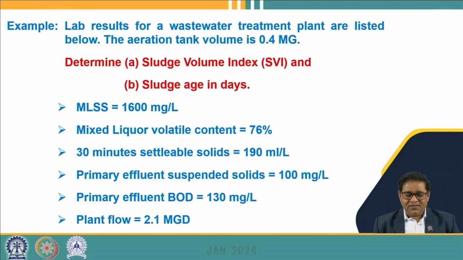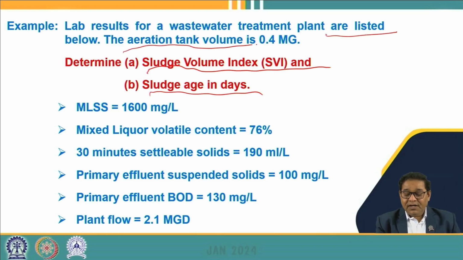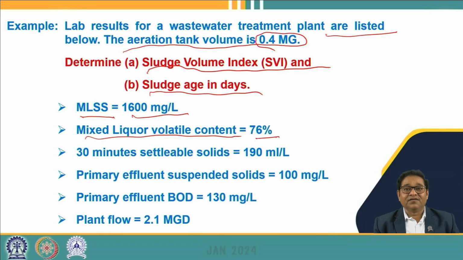In the next example, we will learn how to find the sludge volume index and the sludge age. Here in the problem, the lab results for a wastewater treatment plant are given below. The volume of the aeration tank is given as 0.4 million gallon, the MLSS is given, the mixed liquor volatile content is 76%, and the volume of settled sludge after 30 minutes is given as 190 ml per liter.